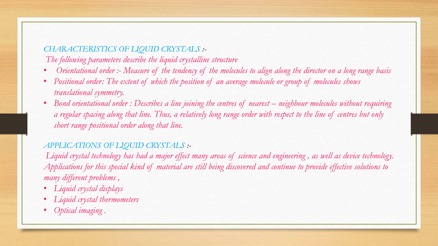Positional order is the extent to which the position of an average molecule or group of molecules shows translational symmetry. Bond orientational order describes a line joining the centers of the nearest neighbor molecules without requiring a regular spacing along that line. So this is about the characteristics of liquid crystals.